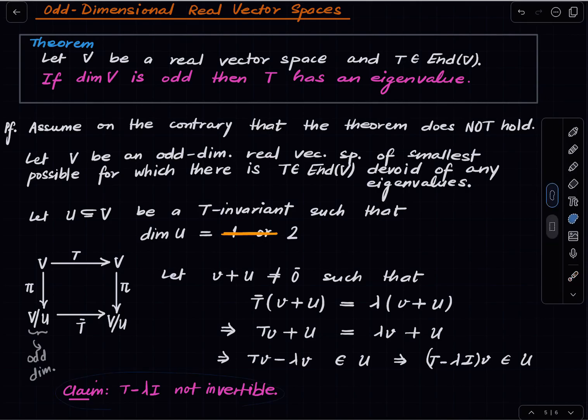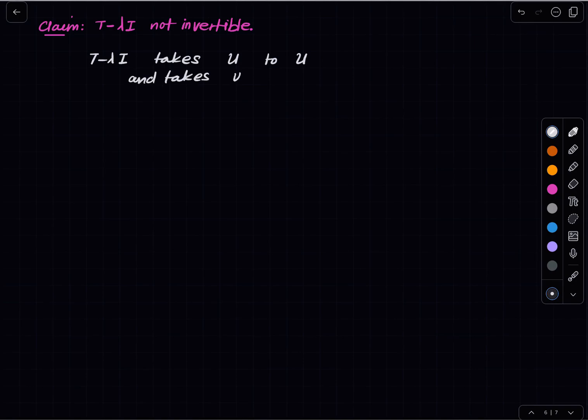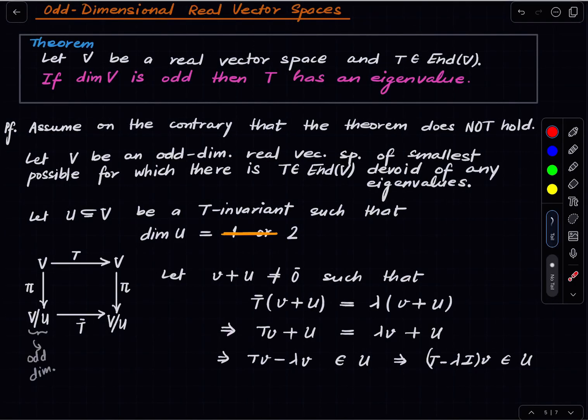Otherwise it will be all hodgepodge. So this is not invertible because T minus lambda I takes U to U, meaning the image of U is contained in U under it. And it also takes v to U. Why? Because of this. But also note that since v plus U is non-zero, v is outside U. So this implies v is not in U.